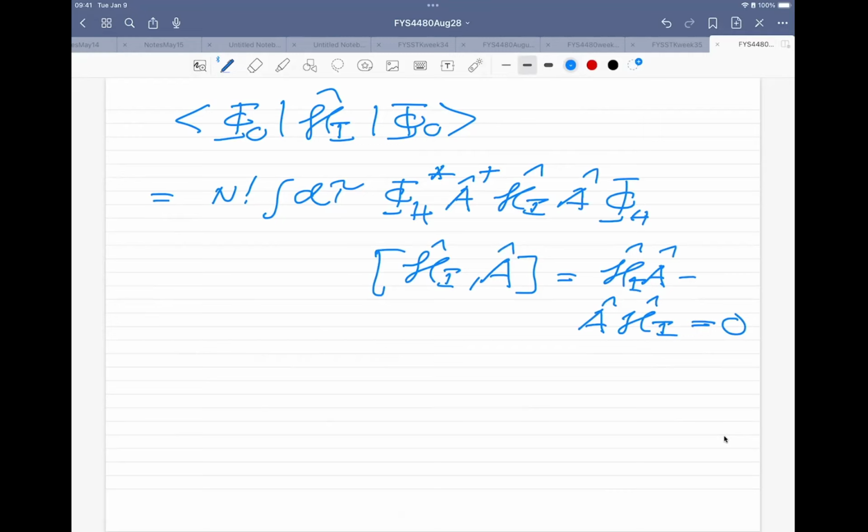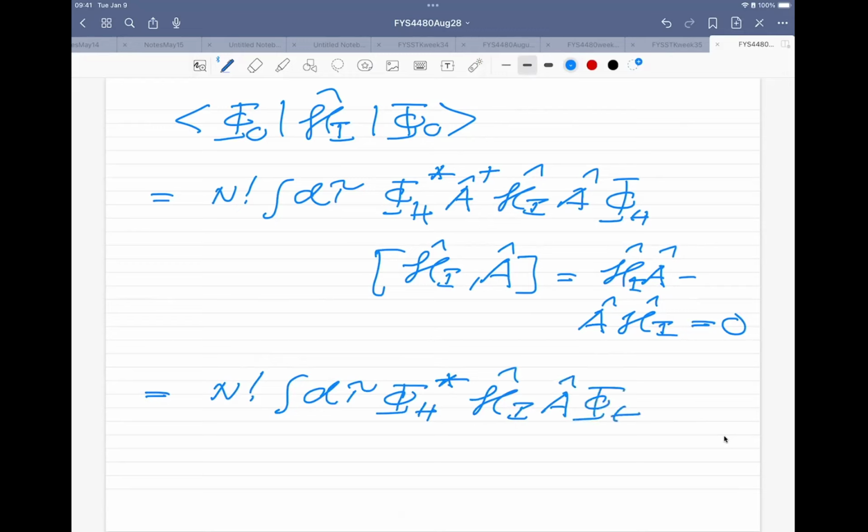So I can rewrite this integral now as n factorial of d tau, and then I have phi of h, and then I have h of I multiplied with A, because A squared is equal to A, multiplied with phi of h. So I'm back to the same thing which I had previously, except that now this operator acts on two particles at a time. The previous one acted only on one particle at a time, because now we have a two-body operator.